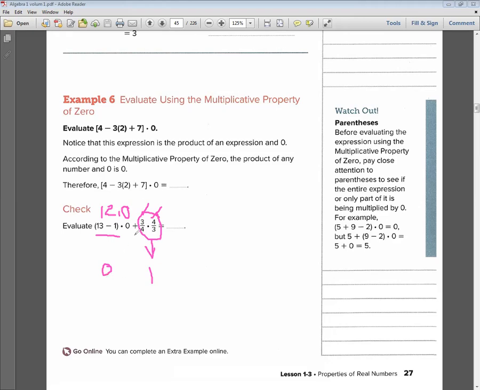And now the sign I have here is addition, plus. Now all I have is the sum of 0 and 1. 0 plus 1 is just 1. Why? Because 0 is the additive identity. The sum of the additive identity and any number will give the same number.